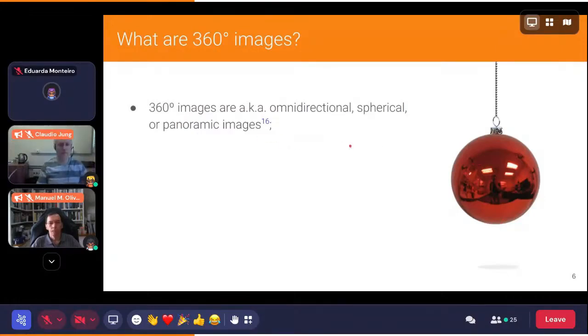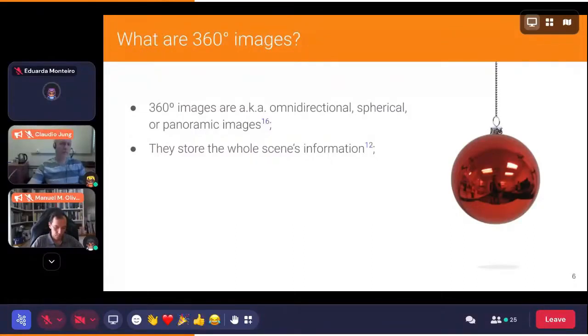Well, we will use words as synonyms, and to be clear enough here, we add this bullet. So we will call 360-degree images omnidirectional images, spherical images, and panoramic images as well. What's the main characteristic of a spherical image?